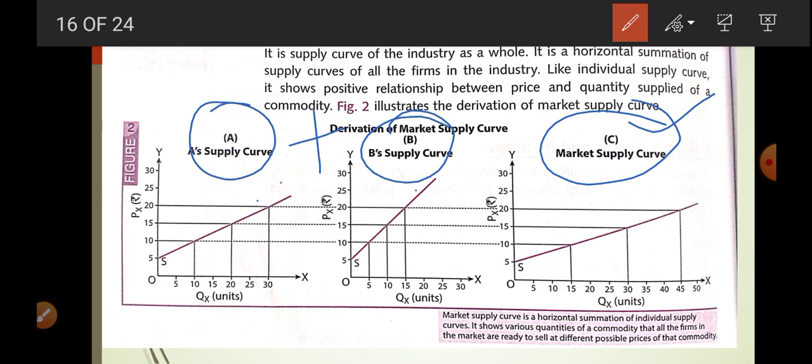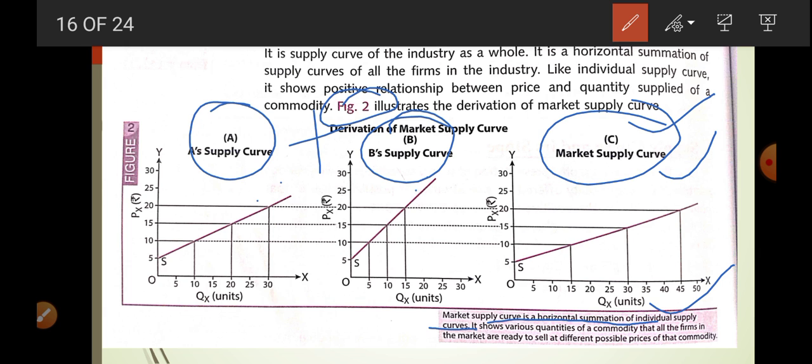Figure 2 is based upon table 2. When we represent it graphically, we get the market supply curve. So the market supply curve is a horizontal summation of individual supply curves.